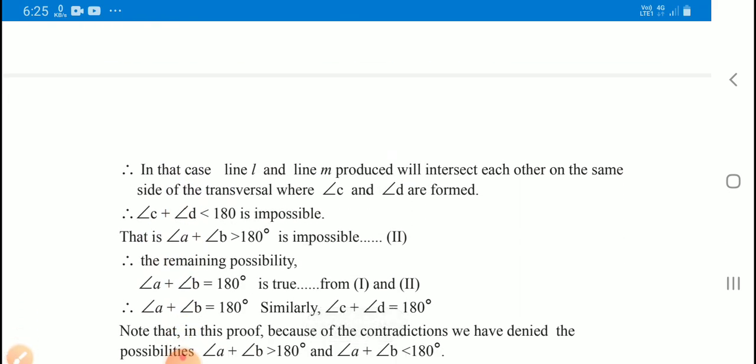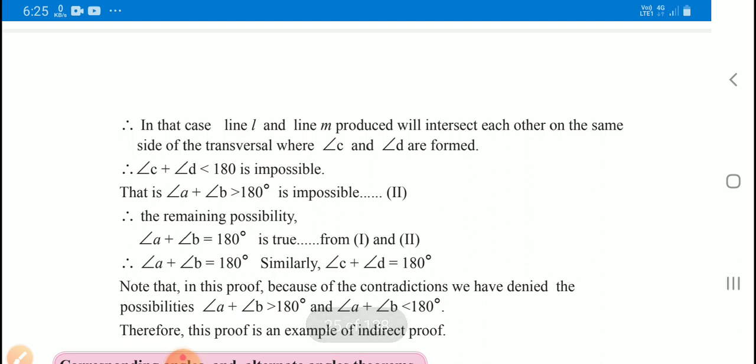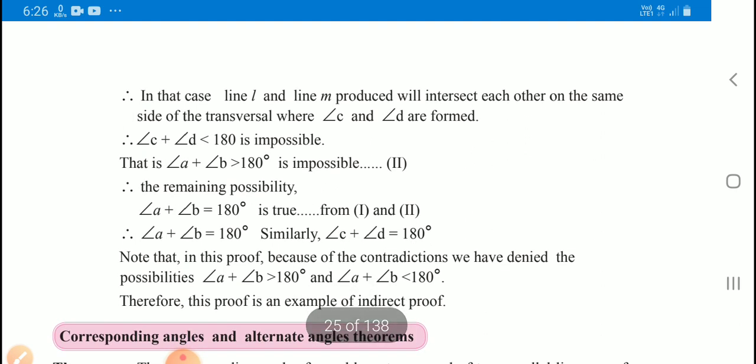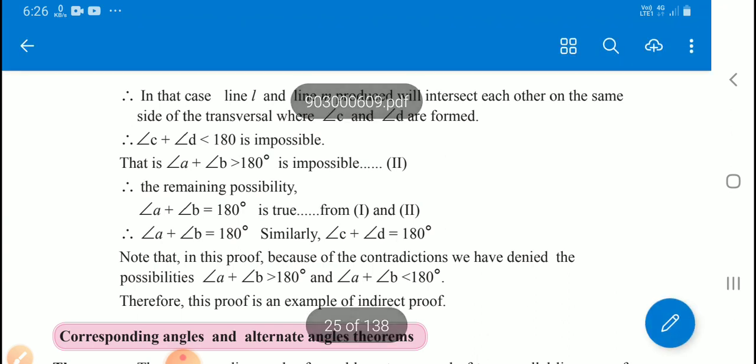So in that case, line L and line M produced will intersect each other on the same side of the transversal where angle C and angle D are formed. That's why angle C plus angle D is less than 180 degrees is impossible. That is, angle A plus angle B is greater than 180 degrees is also impossible.